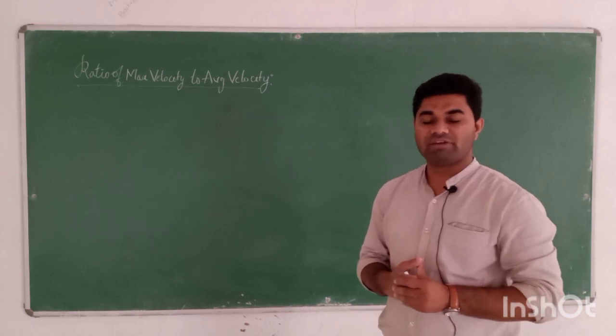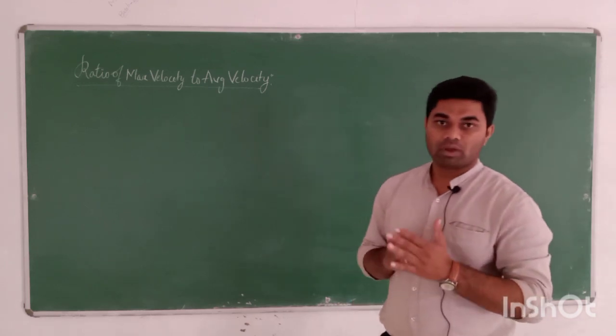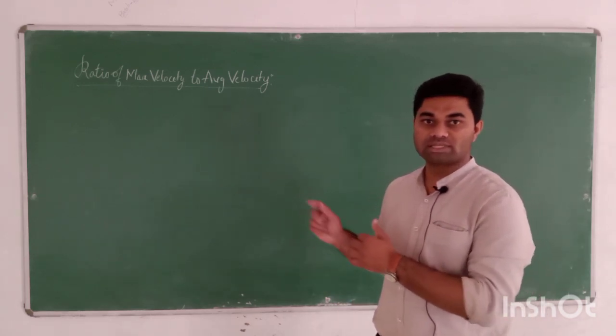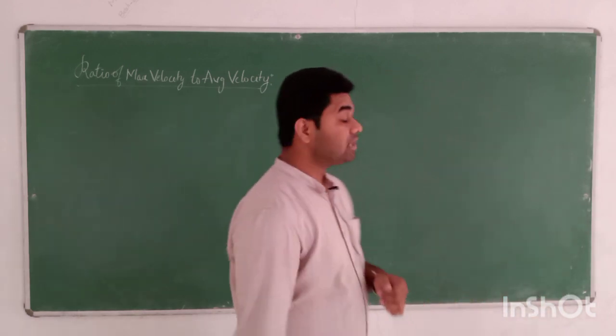In lecture 3 we have derived the formula for the velocity of a laminar flow flowing through a circular pipe. So first of all, let us write that equation.